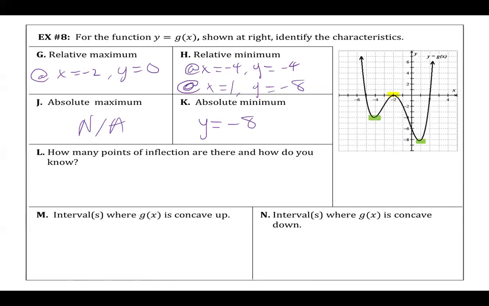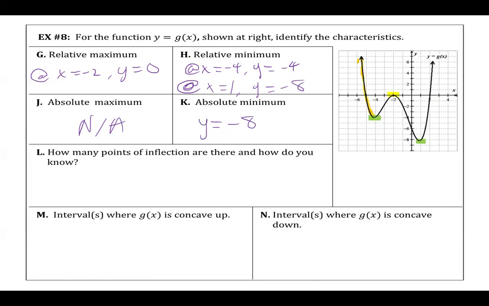So then it says, how many points of inflection are there and how do you know? Okay. Remember, your points of inflection are describing the point where your slope is changing, correct? So that means you're looking for when your function is going from concave up to concave down and vice versa. Okay. So I'm going to use the highlighter to mimic these points. I'm going to use orange to model when I am concave up.